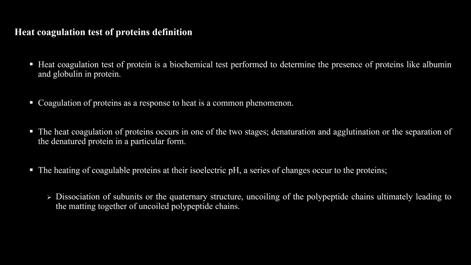Heat coagulation test for protein differentiation. The heat coagulation test is a biochemical test that determines the presence of proteins like albumin and globulin. Coagulation caused by heat is a common phenomenon.